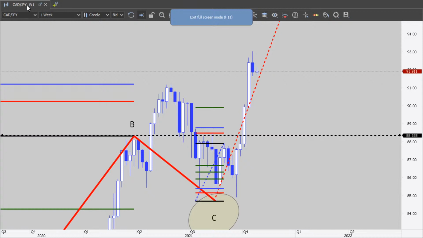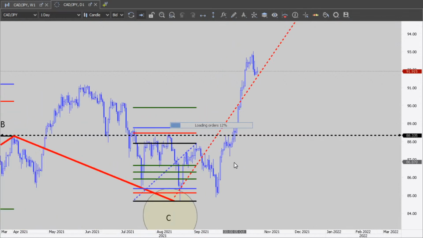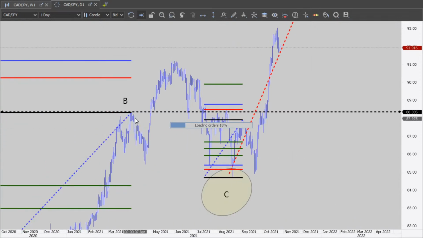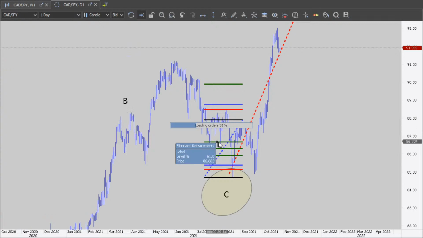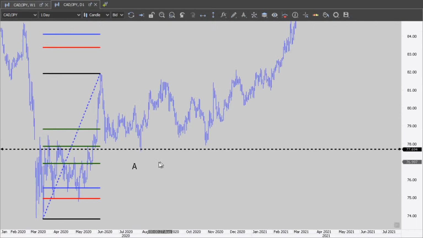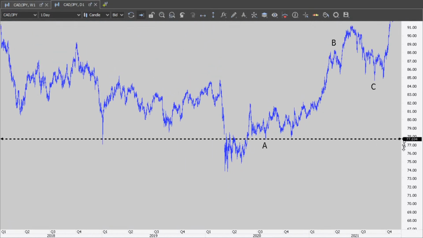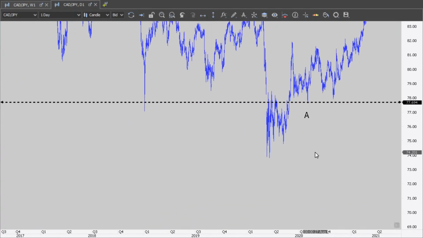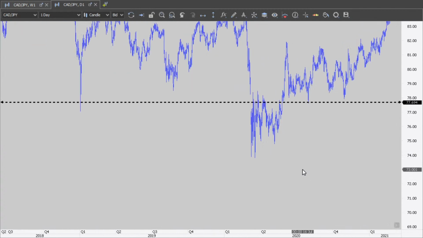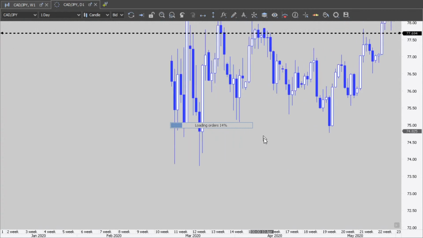Okay, now clone chart. Let's go on the daily chart. We're going to delete most of the things because those are the weekly Fibonacci, and we're going to start from the very beginning. It's not going to take long. We've trained this.